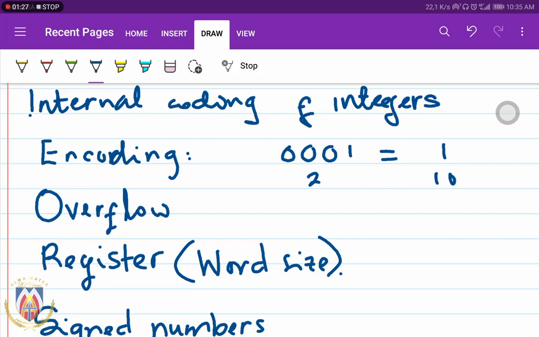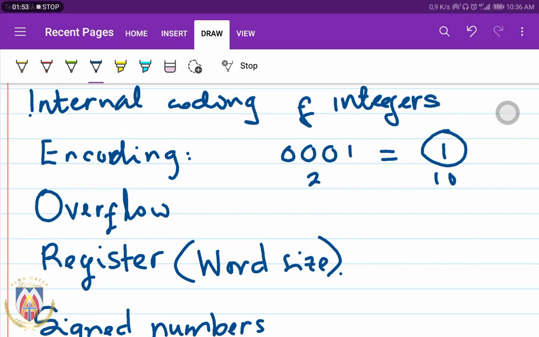What makes us know that 0001 is equal to 1 in base 10 is the fact that we are aware we are working with an integer. Now, it's not always that a computer is storing integers or numbers. Sometimes a computer is storing images, sometimes colors, sometimes music.